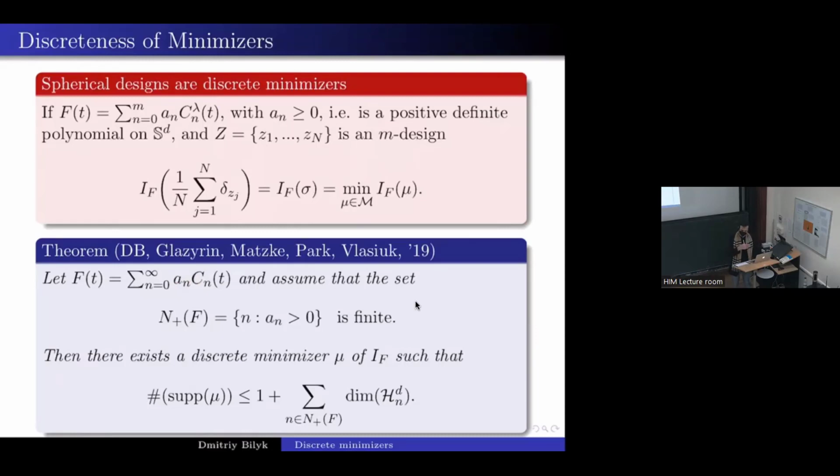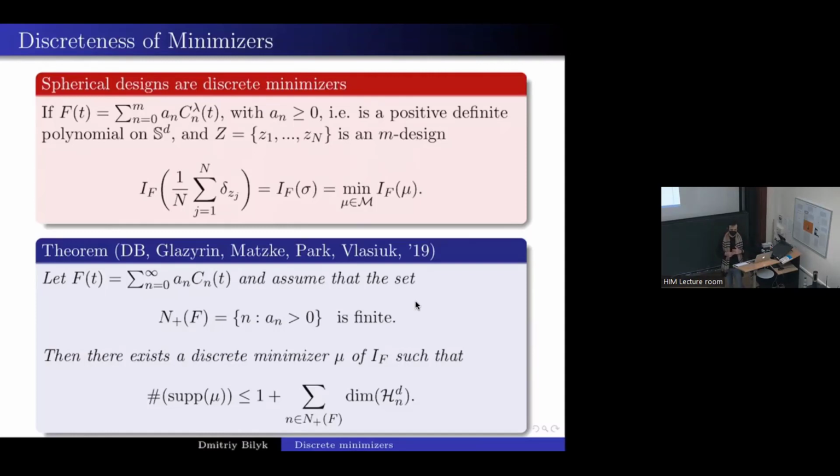In particular, it incorporates the previous case when it's a polynomial: you have a finite number of positive coefficients, and all others are zero. But here you can also throw in infinitely many negative coefficients, and we proved that in this case there exist discrete minimizers.